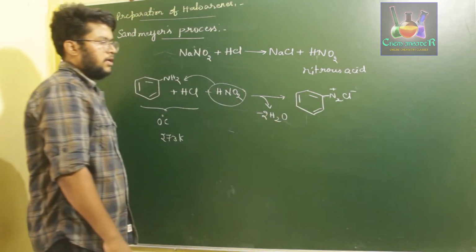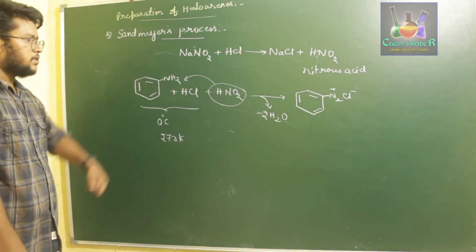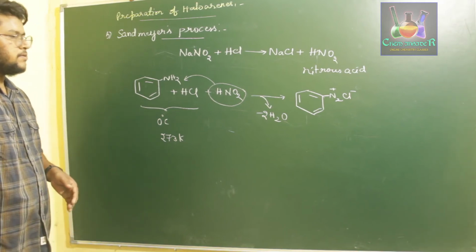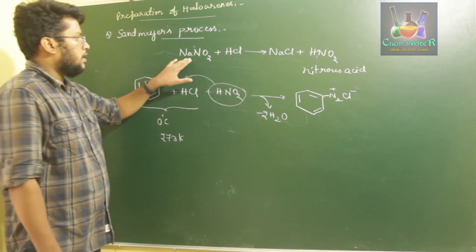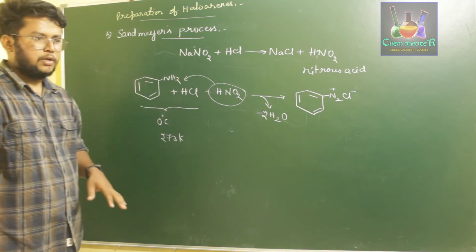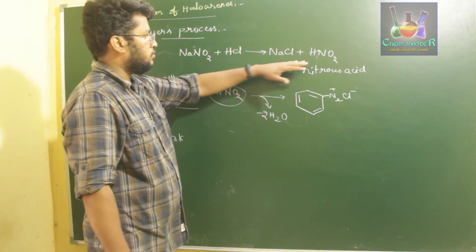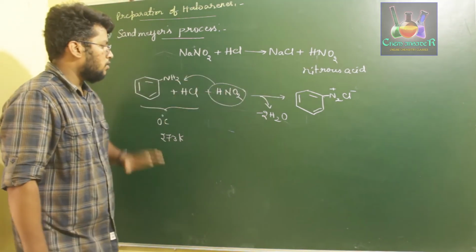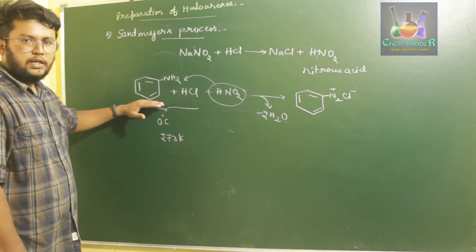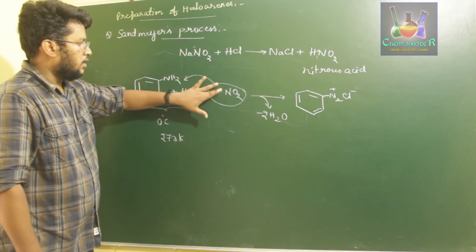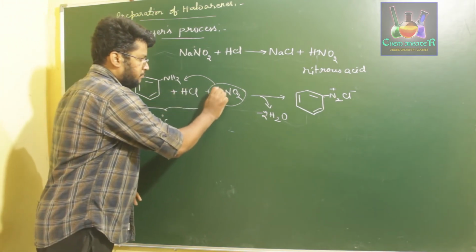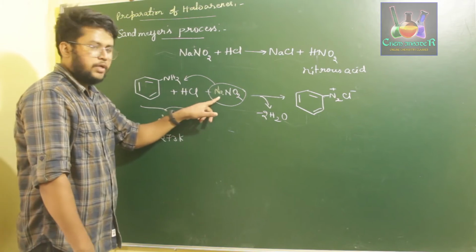That is nothing but our benzene diazonium chloride, N2 with a plus charge and Cl minus. This is how we prepare our benzene diazonium complex. It is formed when sodium nitrite is treated with HCl at a lower temperature of 0 degrees Celsius, which leads to the formation of nitrous acid. So this is the normal basic condition. Now we treat aniline with hydrochloric acid and then add sodium nitrite to it.